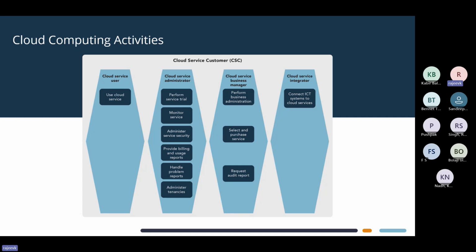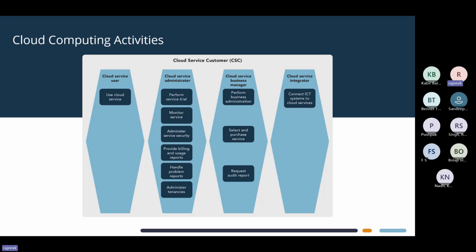I am a consumer who will be purchasing and making sure that my end users are getting benefit from the same thing. Now there are multiple sub roles defined here. One of them is called the cloud service customer, or simply we can also say cloud service user.